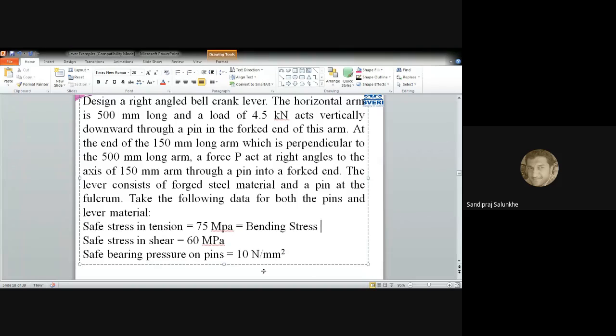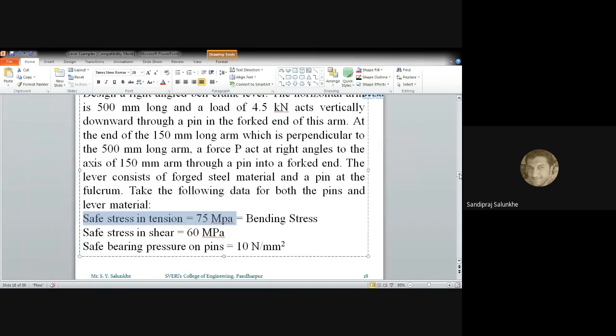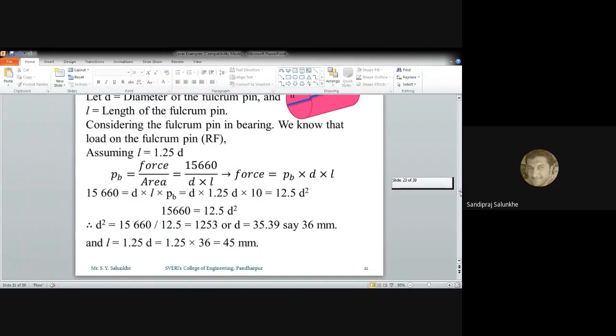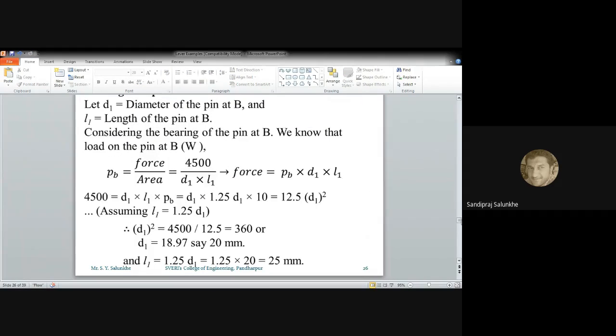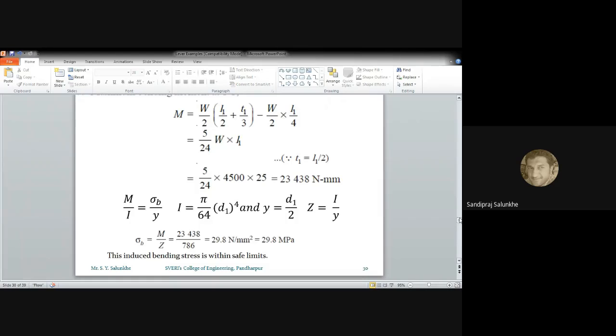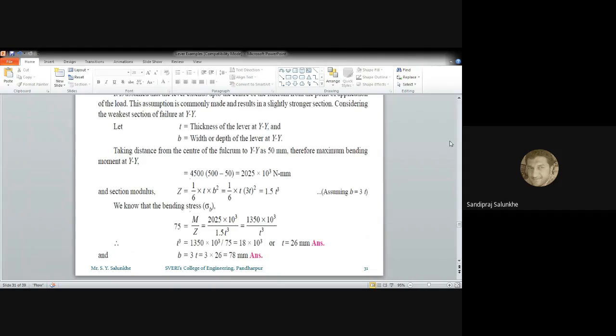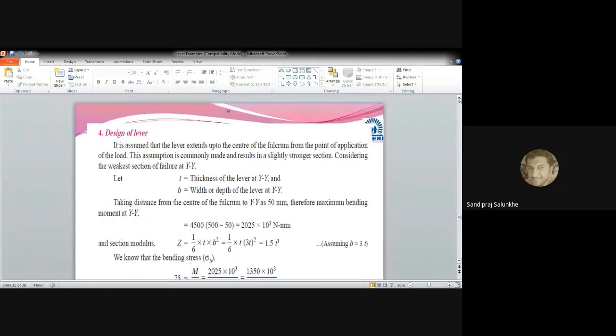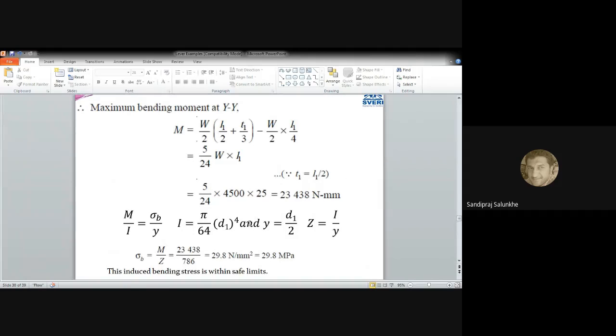In any problem, the bending stress will not be given separately. We have to consider it as tensile stress only, that is, the value of bending stress is equal to tensile stress. In case of bending, again and again I am repeating, both tensile and compressive stresses come, and out of that we consider the bending stress as tensile stress.